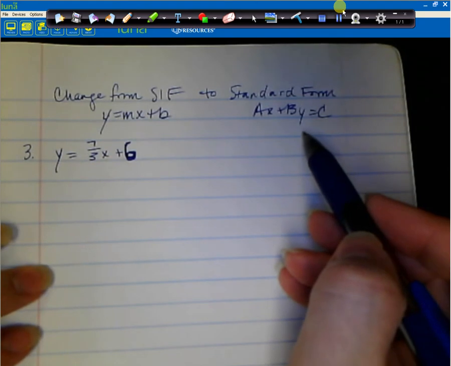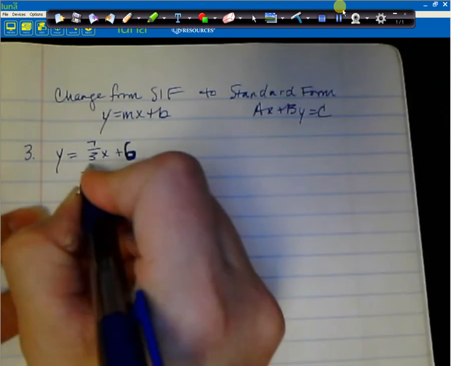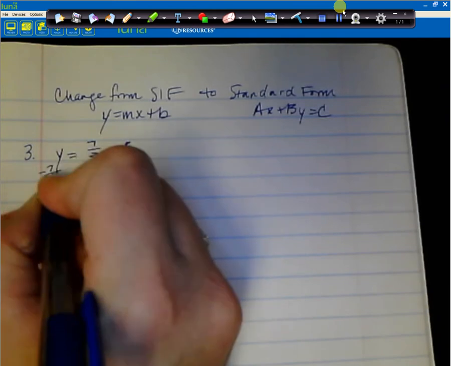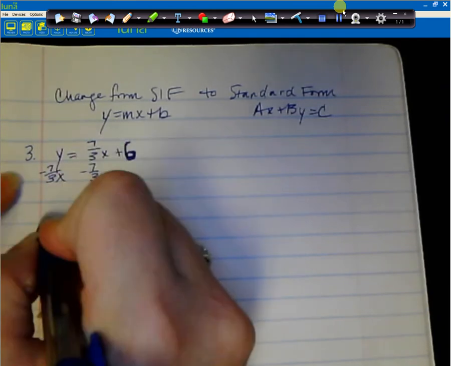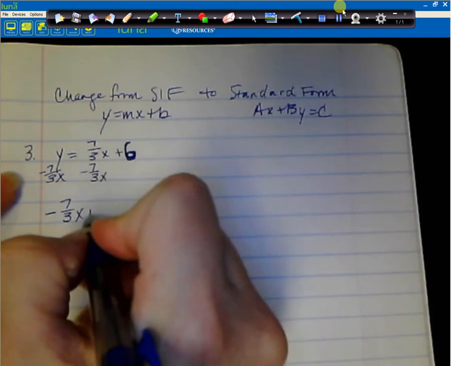So the first thing I have to do is subtract my 7 over 3x from both sides. And that's going to give me negative 7 over 3x plus y equals 6.